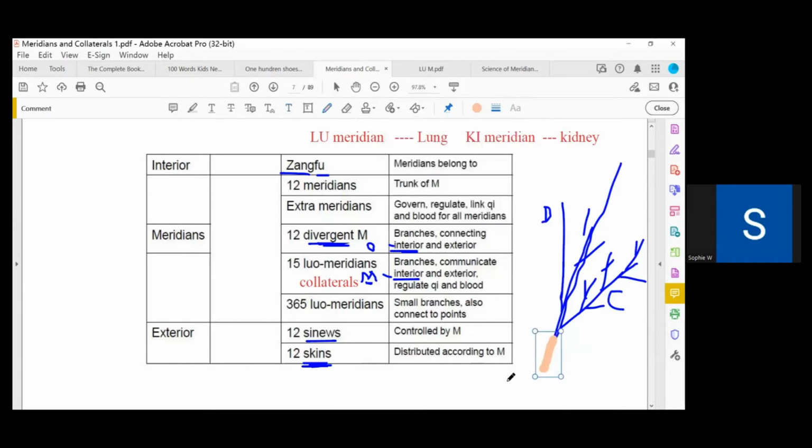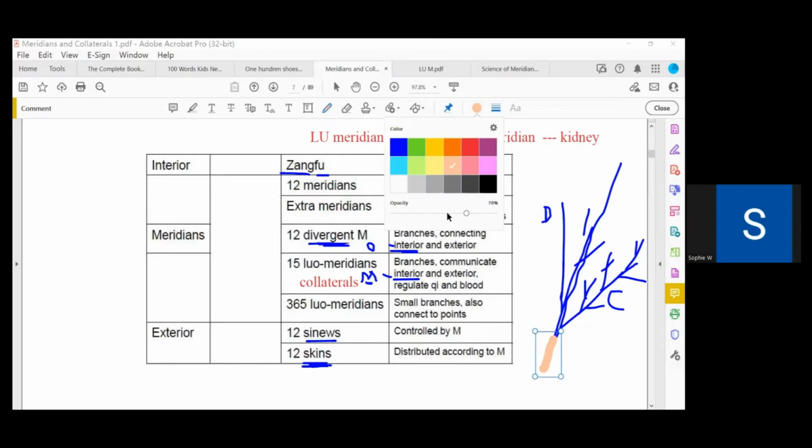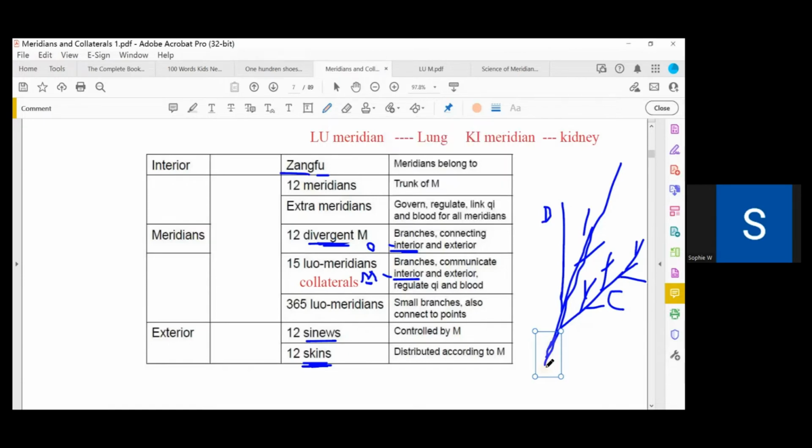And the skin, the cutaneous regions distributed according to the meridians.